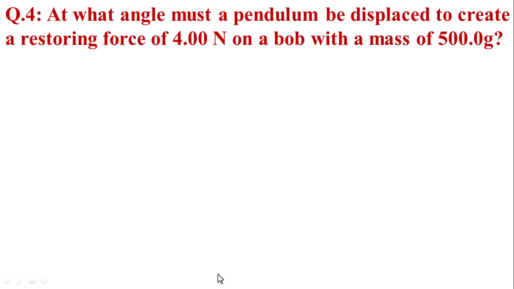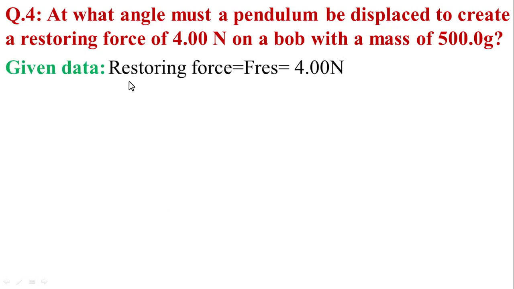Now in question number 4, according to the statement: at what angle must a pendulum be placed to create a restoring force of 4 Newton on a bob with the mass of 500 grams? First of all, write the given data. In given data, restoring force is equal to 4 Newton and mass m is equal to 500 grams. 500 divided by 1000 is equal to 0.5 kg.